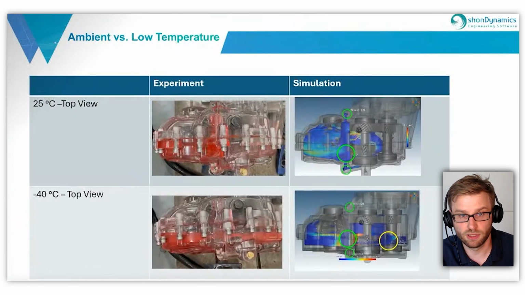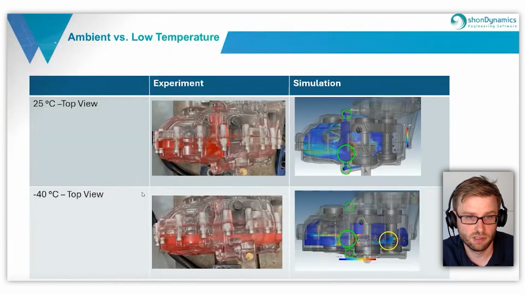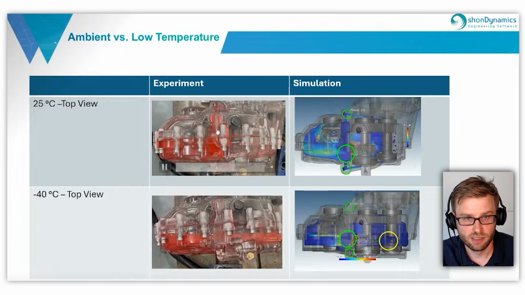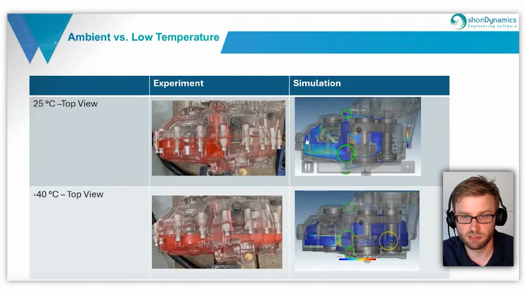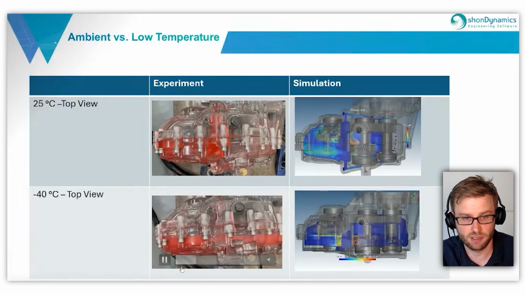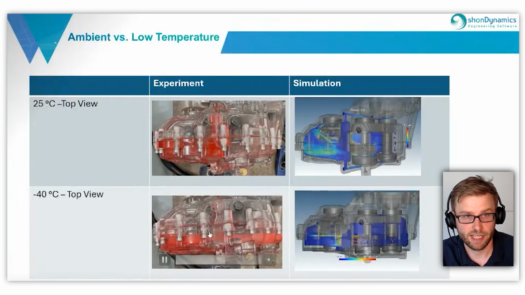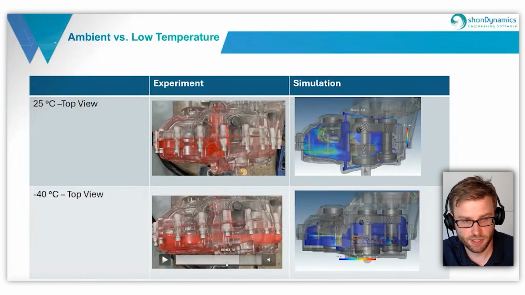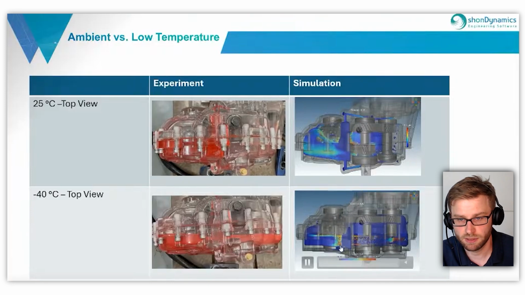And why is it like this? If we look at the top of our gearbox, we can see in the 25 degree case that the pool gets filled properly in both experiment and simulation. But if we look at the experiment at minus 40 degrees and stop the video, we don't see any fluid entering this pool on top of the gearbox.